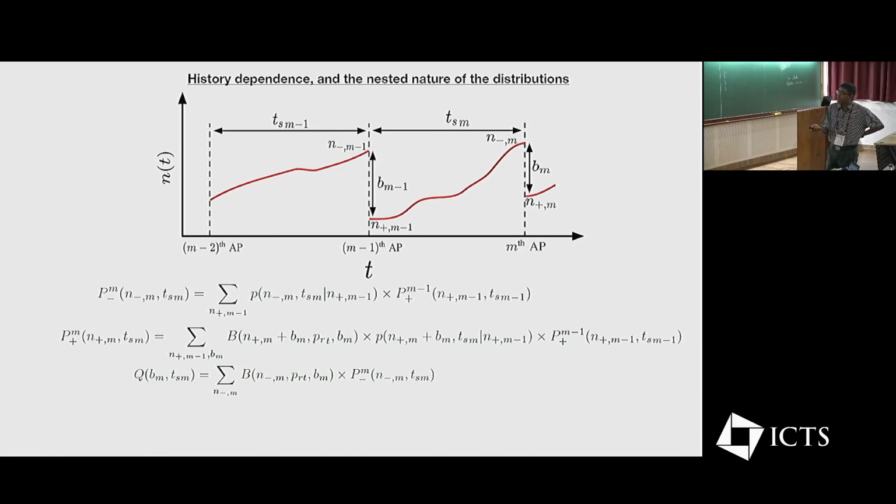Likewise, you can get the probability of this b_m if you know the probability of this n minus, for example, multiplying by a binomial and summing over n minus. If you want the probability of the n minus, that's the first line that you can get from building up from the n plus here, multiplying with the propagation of that number from here to here. So all these are fine.